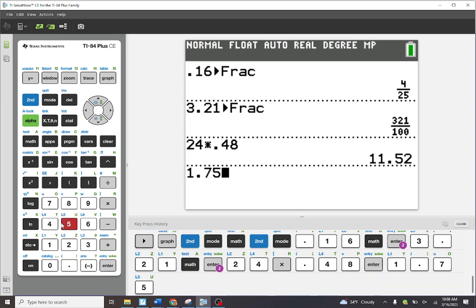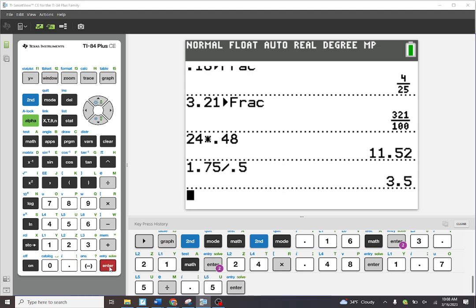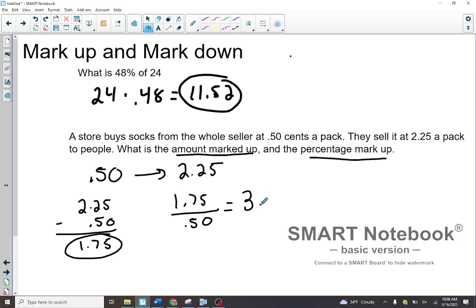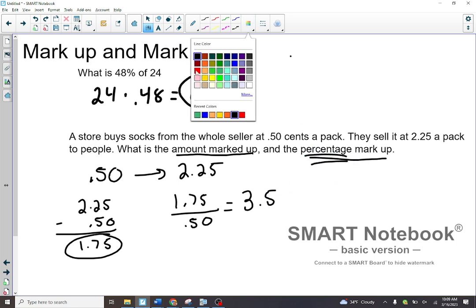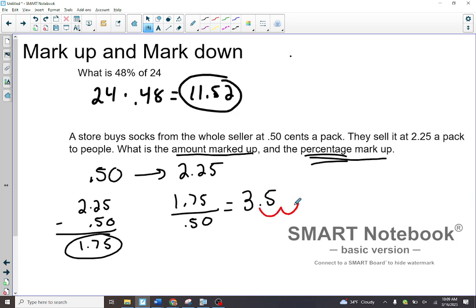Good. But remember, I said what percentage. So now you have to move it over. Because I'm asking for a percentage, I move it over twice, which means this becomes 350%. So for every dollar they put into the sock, they make 350% of it.